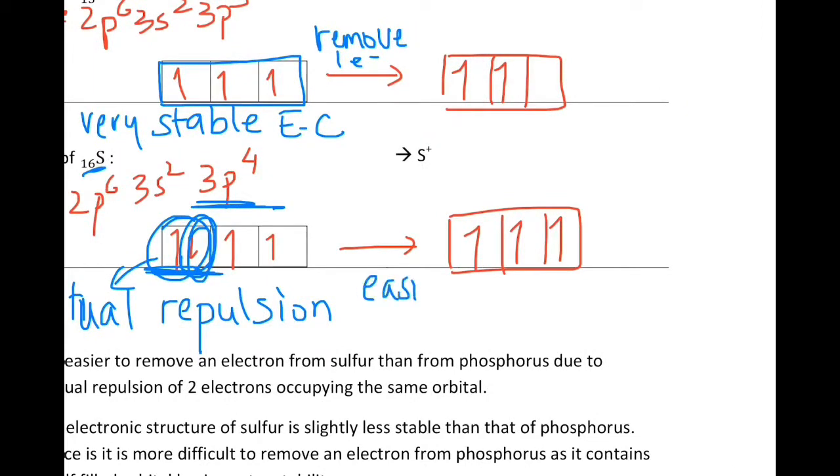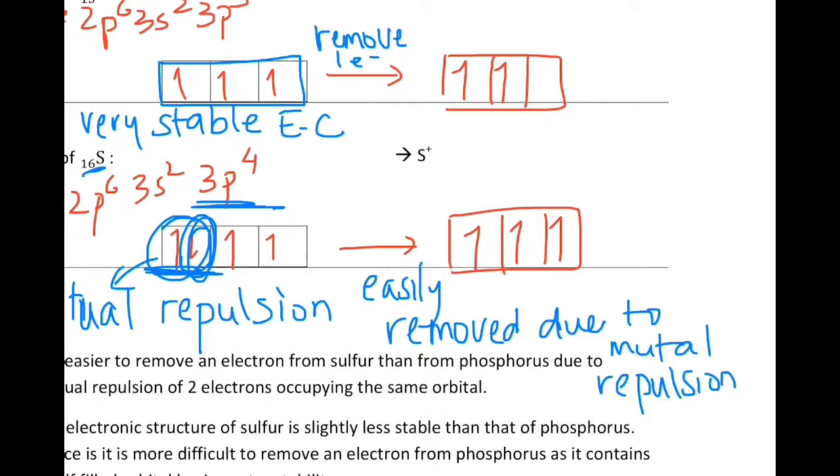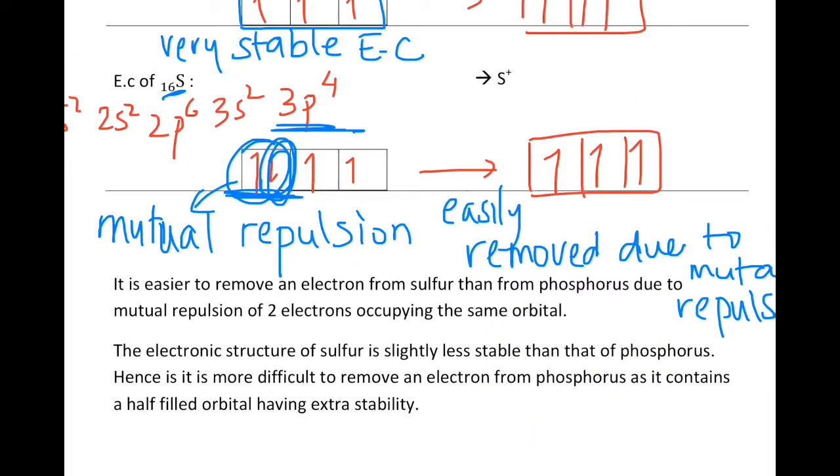So in the explanation, it's easier to remove an electron from sulfur due to mutual repulsion of two electrons occupying the same orbital. The electronic structure of sulfur is slightly less stable than that of phosphorus. Because of that, it's more difficult to remove an electron from phosphorus.